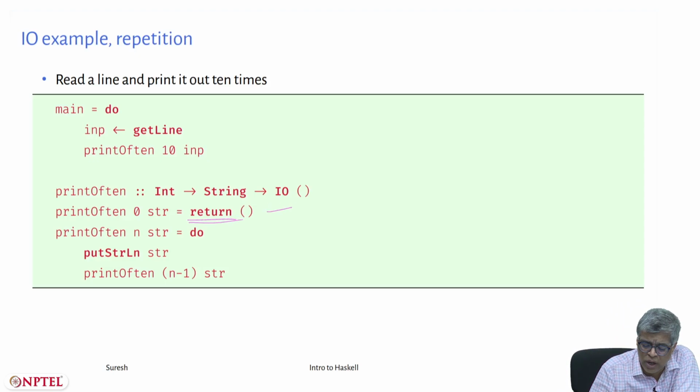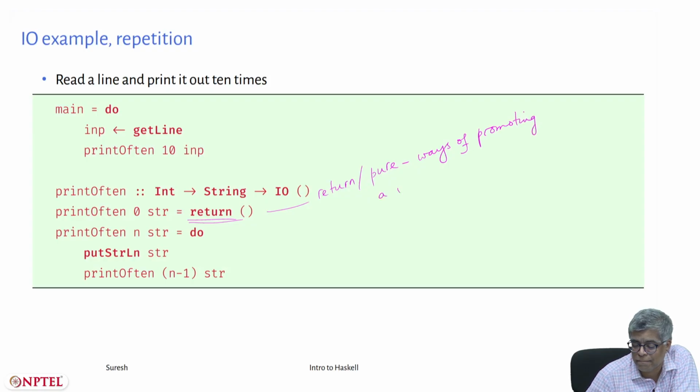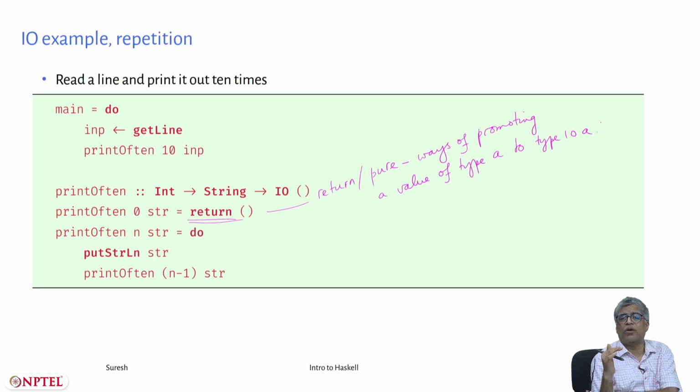Return or pure are ways of promoting a value: if a value has type A, you just want to promote the type to IO A, and return achieves that.